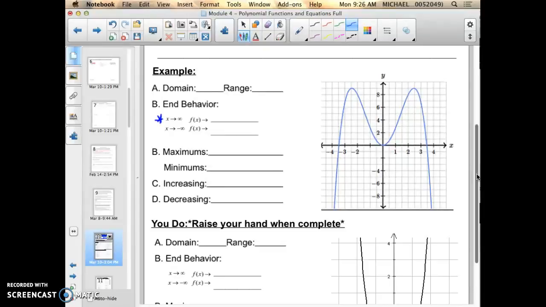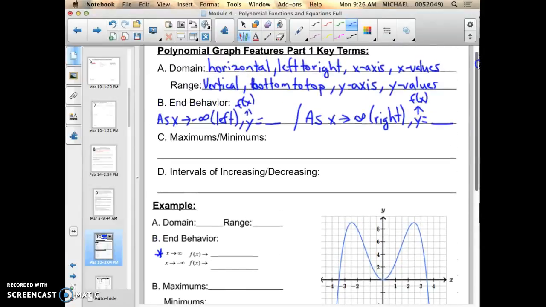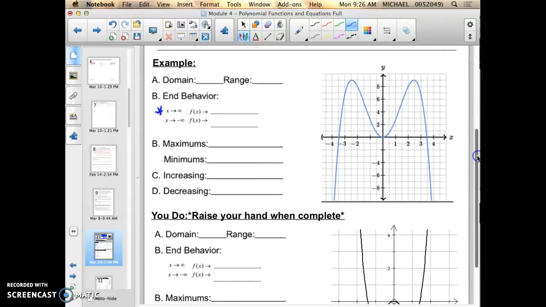Part A is domain and range, and if I was going to model how to do it, first for the domain I have to be thinking about what I just learned. Domain is horizontal, and I read it like a book, left to right, so it's the x-axis and the x values. If I start at the leftmost point, reading like a book, I see that it's down here somewhere.